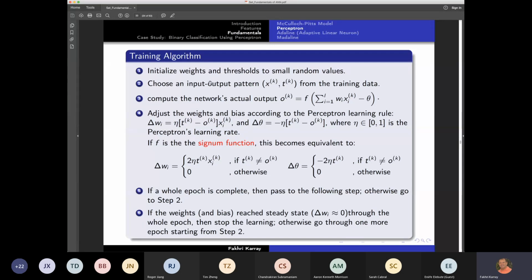So we select one training pattern, we compute the actual outputs utilizing these random values of the omega i's and the theta, and then we adjust the weights using the perceptron learning rule, which is namely the Hebbian learning rule. I would like you to remember that the perceptron learning rule is no other than the Hebbian learning rule. The Hebbian learning rule was discovered by neuroscientists, by Hebb, in the early 50s.